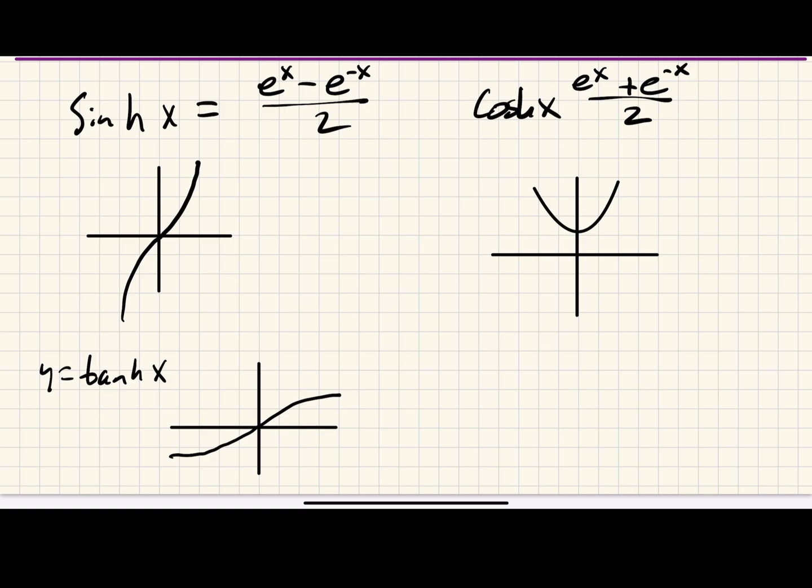Okay, and then the hyperbolic sine, well, I'm subtracting. So when I get down to really big negative numbers, my e to the minus x is going to overtake my e to the x, right? And I'm going to wind up with negative values. So that's why we are negative to the left of the y-axis for hyperbolic sine.